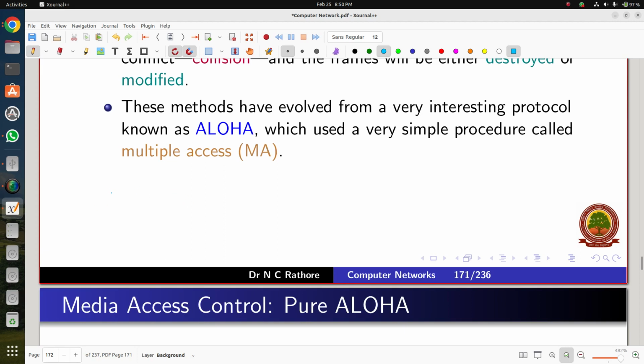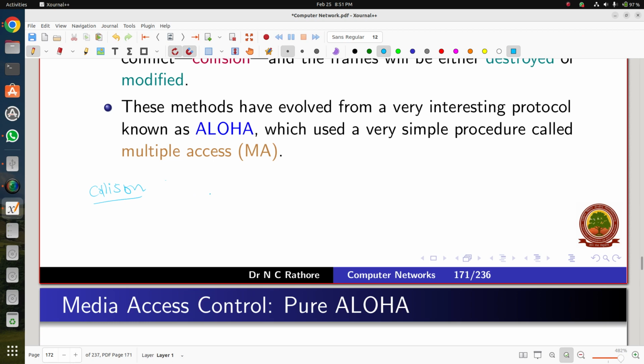This algorithm is called when a collision takes place. Suppose n nodes are participating in a collision, or some collision has happened. All the stations that have participated in the collision will wait for a random time.